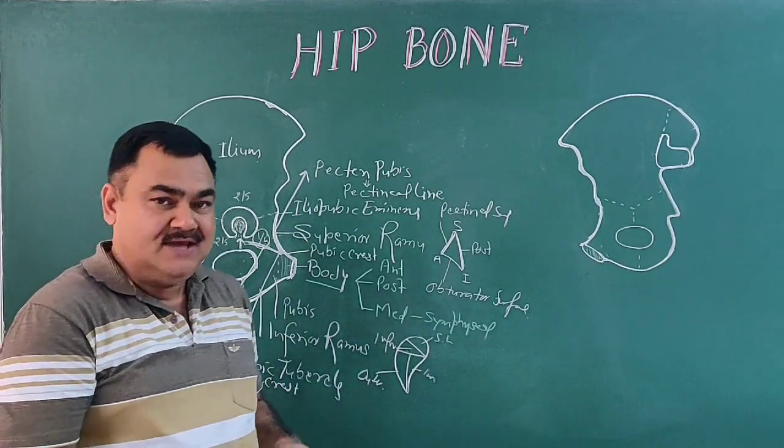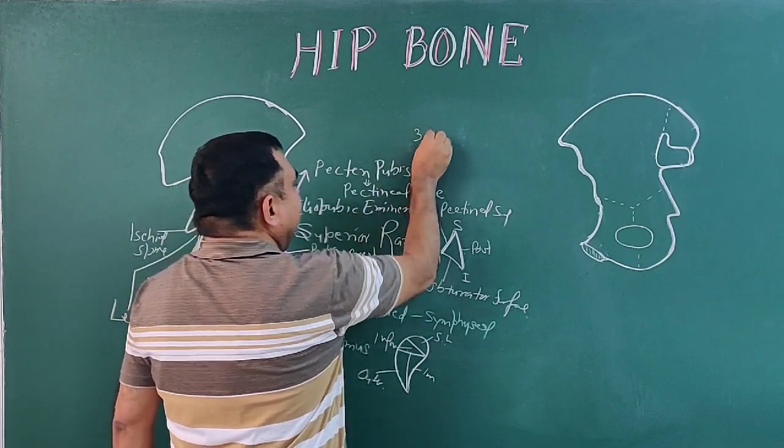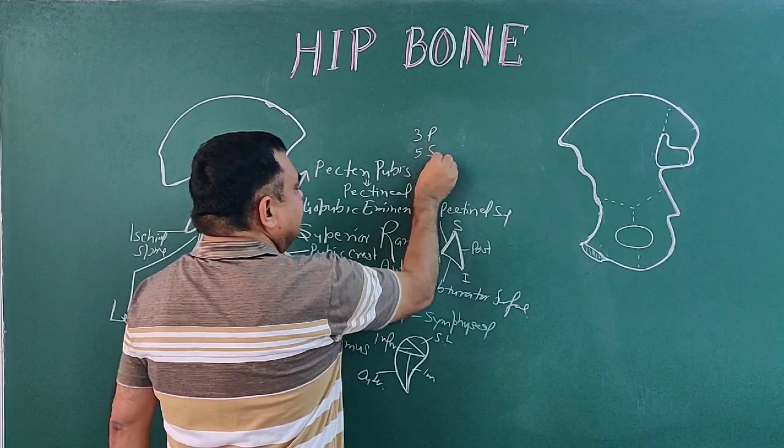Now, ossification. The hip bone ossifies from three primary centers and five secondary centers.